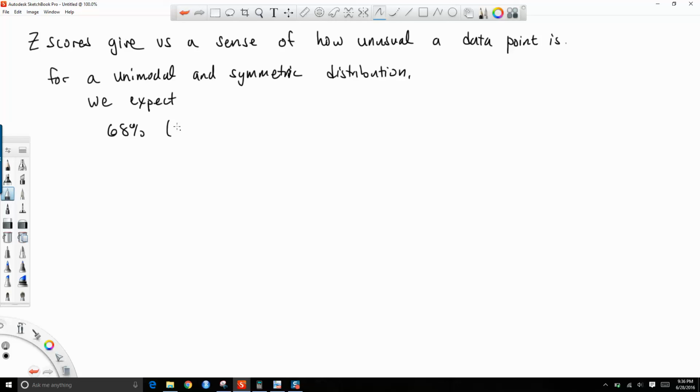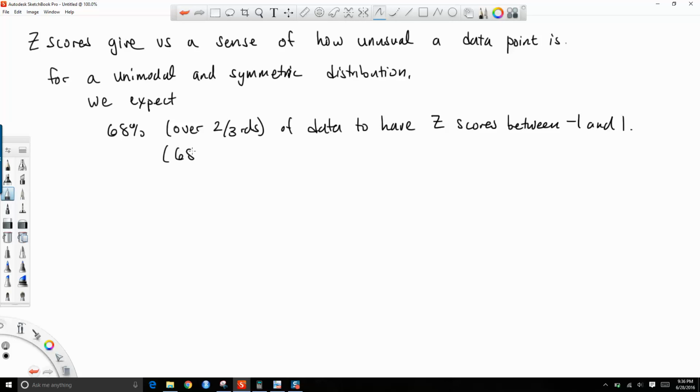So just over 2/3 of the data to have Z-scores between -1 and 1. Or another way of saying that is that 68% of the data is within 1 standard deviation, 1s, of the mean.